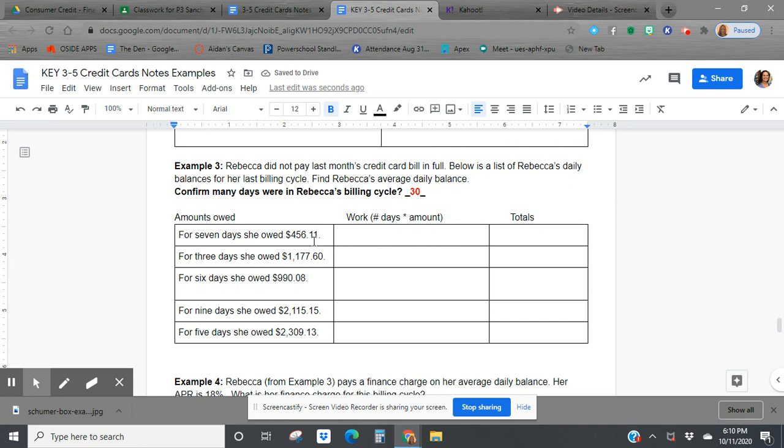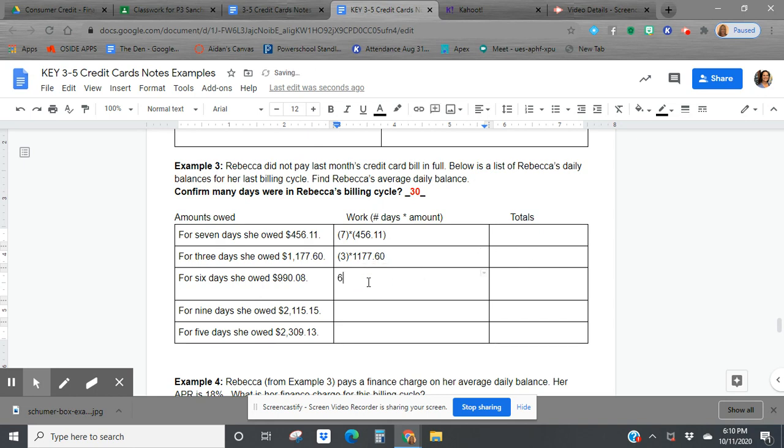All right, so for 7 days, she owed $456.11. So we're going to multiply 7 times $456.11. And then that total is going to go over here. Next, she owed for 3 days $1177.60. And that's going to give us our total over here.